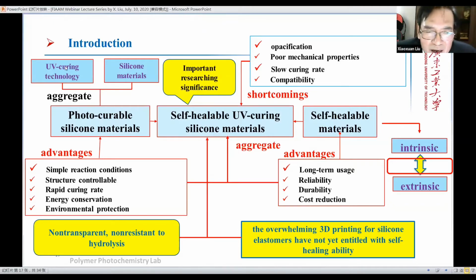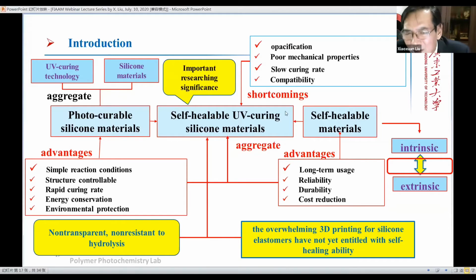We used UV curing technology, and it has many advantages: simple reaction conditions, controllable structure, rapid curing rate, energy conservation and environmental protection.